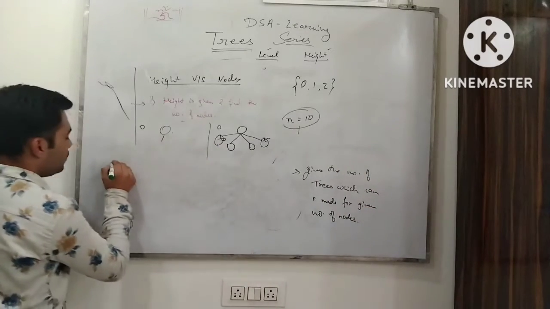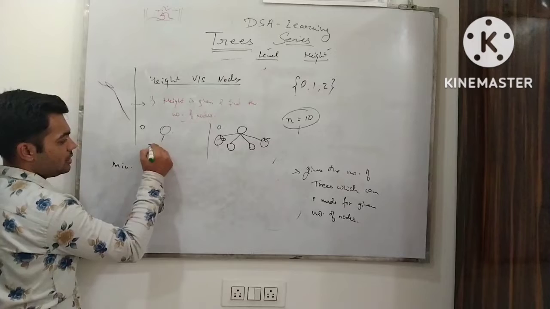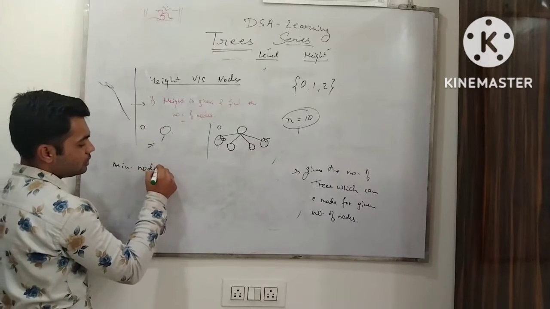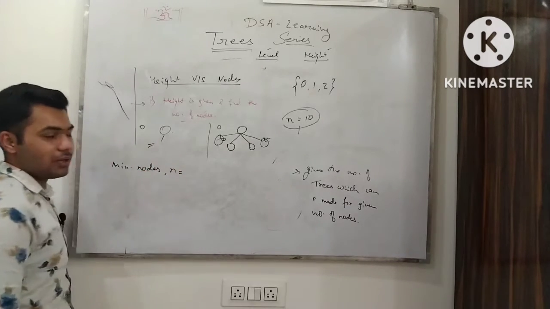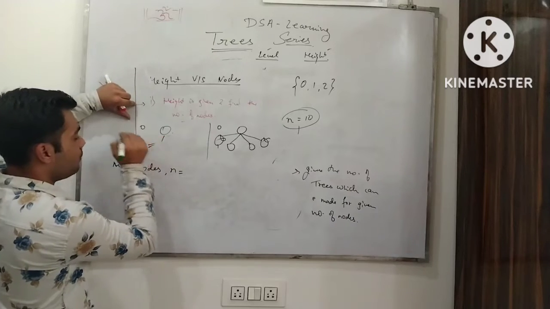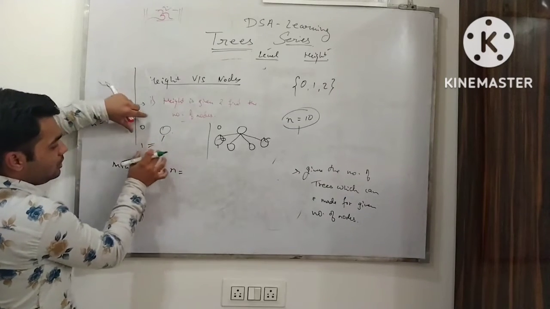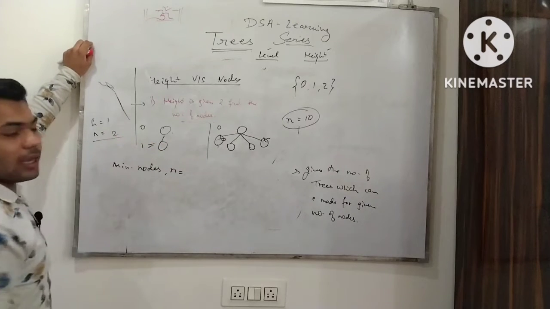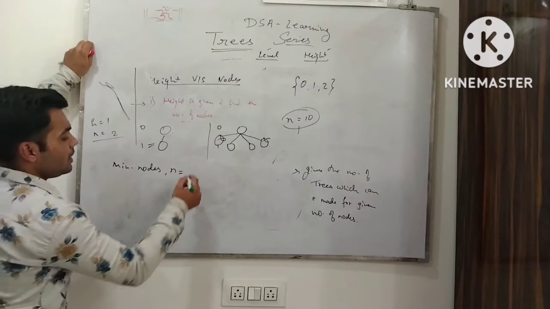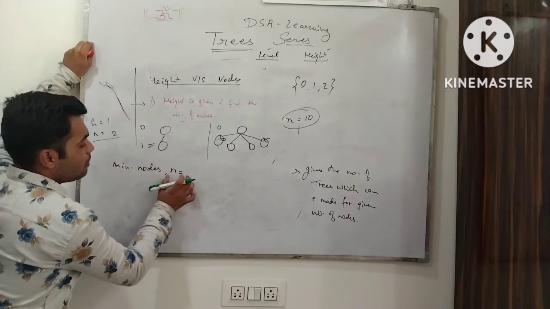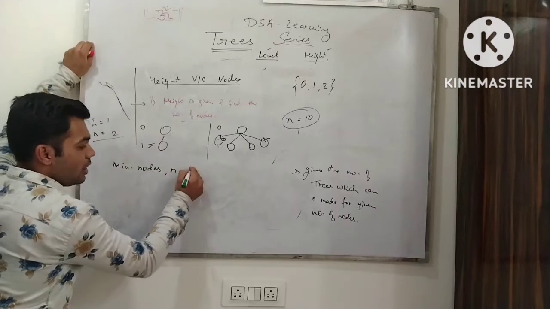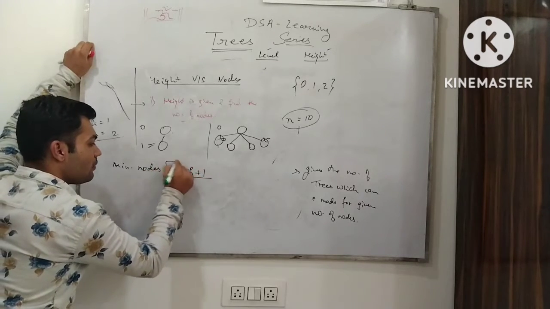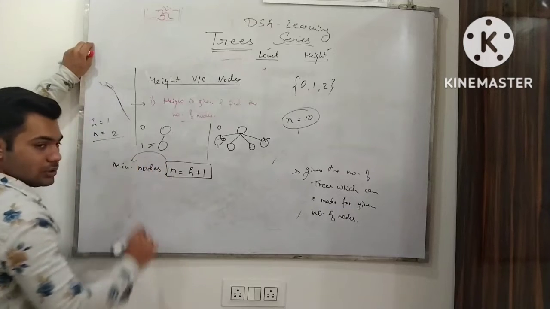For the minimum number of nodes, what are we getting? If the height is 1, how many nodes are there? 2. So we can simply say that the minimum number of nodes n equals h plus 1. This is the formula for the minimum number of nodes.